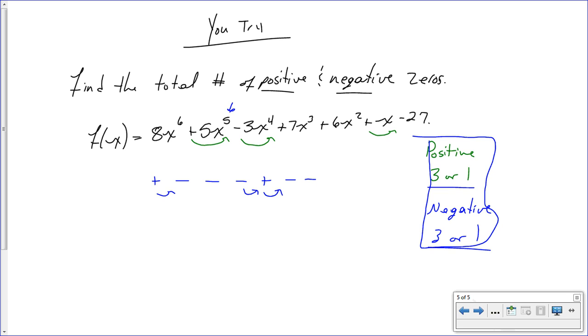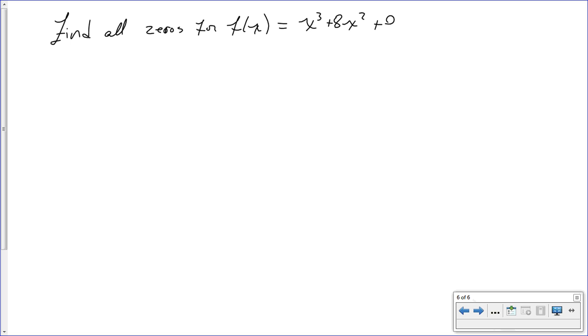All right. Now, say you came across a problem like this. This might be on the, I don't know, the ACT or something. Find all zeros for f of x equals x cubed plus 8x squared plus 9x minus 18.